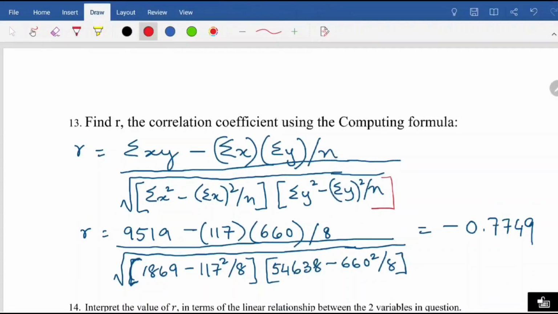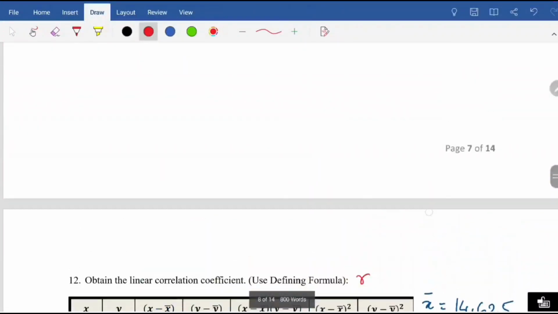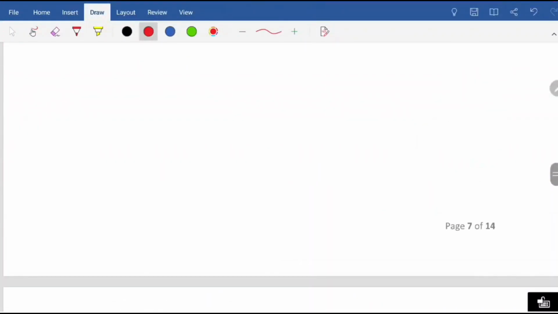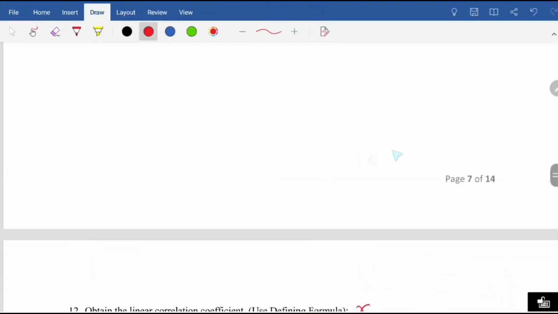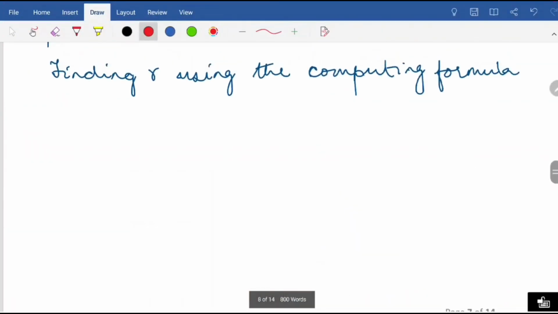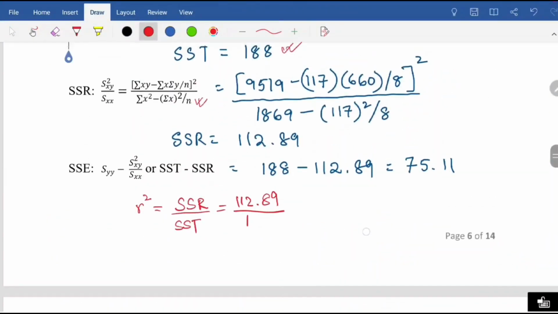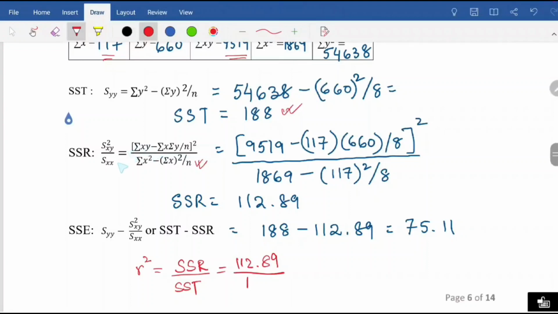For example, the numerator here, sigma xy minus sigma x times sigma y divided by n, was done when we were finding SSR.